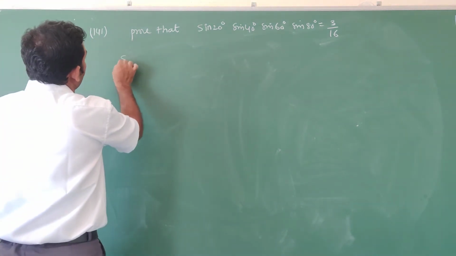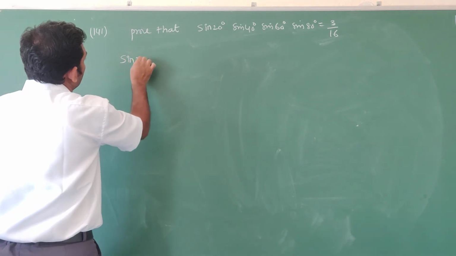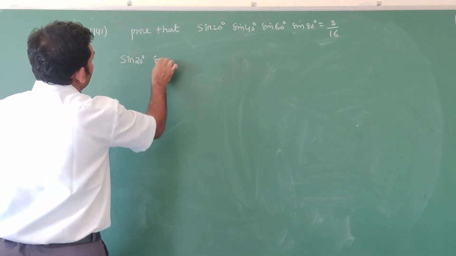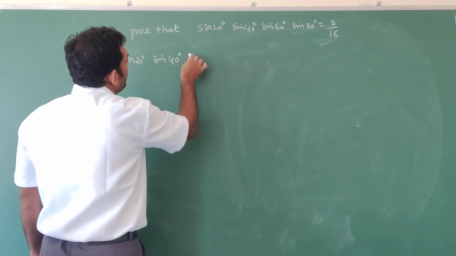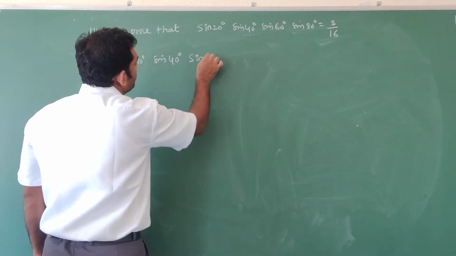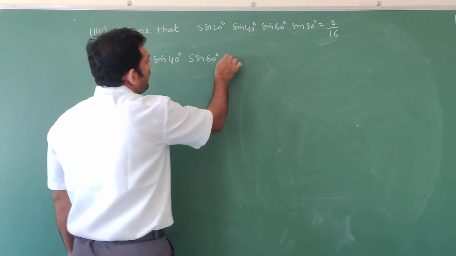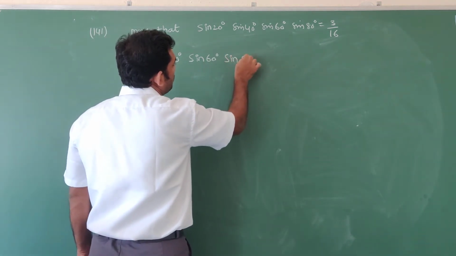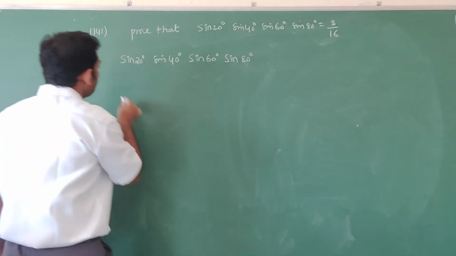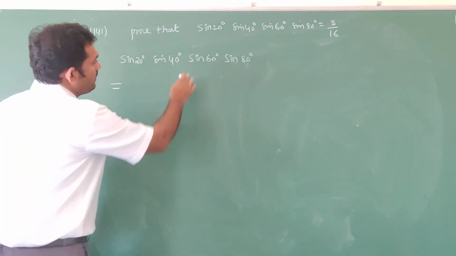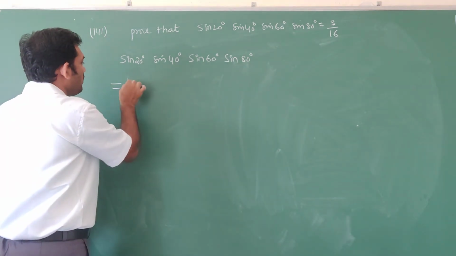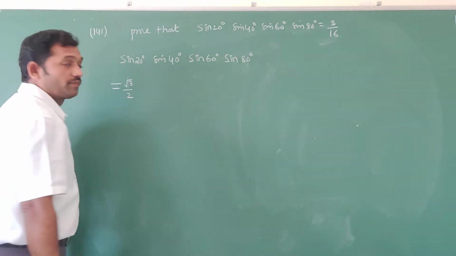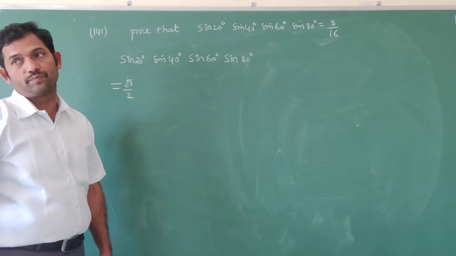So sin 20 degrees, sin 40 degrees, sin 60 degrees, sin 80 degrees, you take. Sin 60 degrees value is root 3 by 2, you know that, you write first.